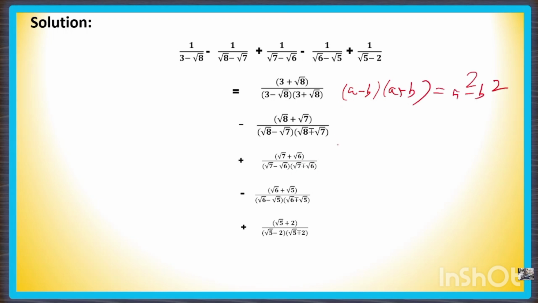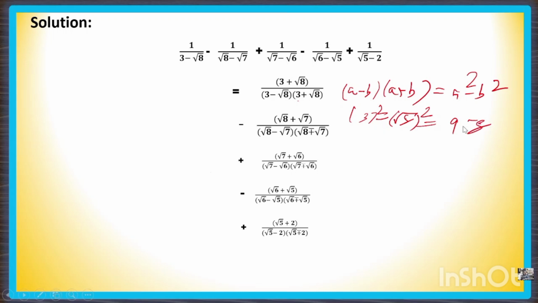Understand? Here you see 3 minus root 8 whole into 3 plus root 8 is 3 square minus root 8 square, which is 9 minus 8.